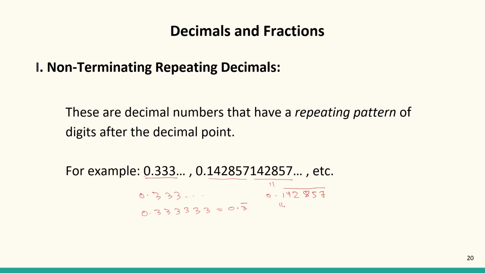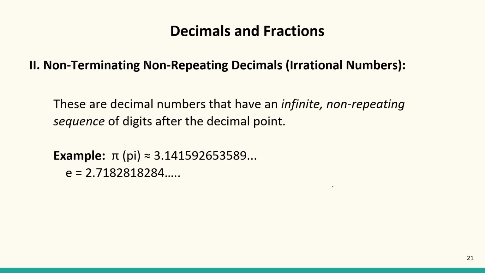What it means is 0.14287, then again 14287, then again 14287. Like this it will continue forever. That's why we use this bar symbol here.